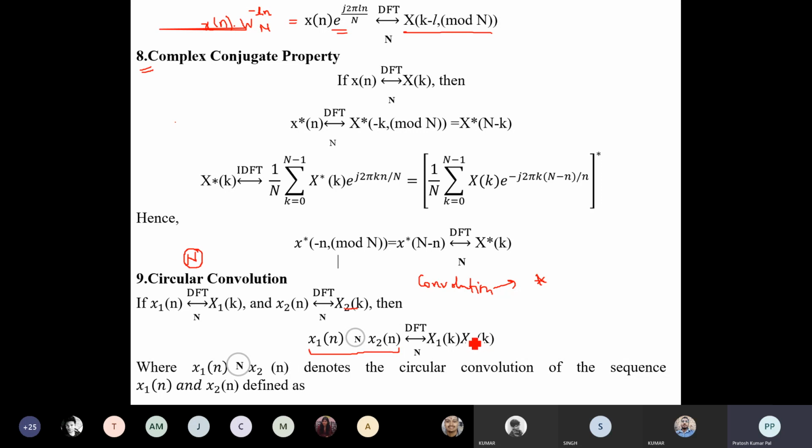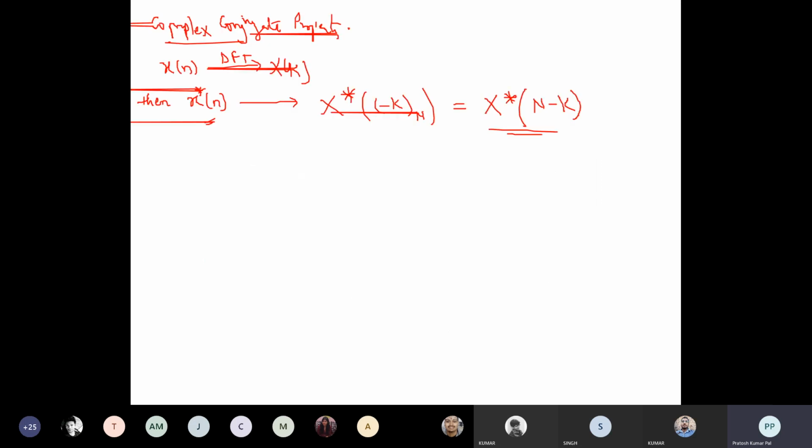In both linear convolution and circular convolution we get a similar property: the DFT of the circular convolution is given by the multiplication of the two DFTs. Okay, so that will be your circular convolution.